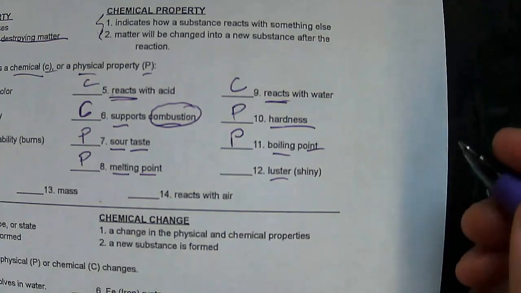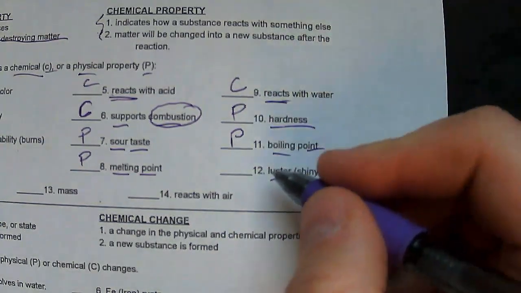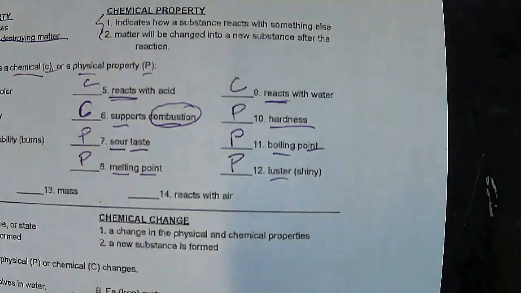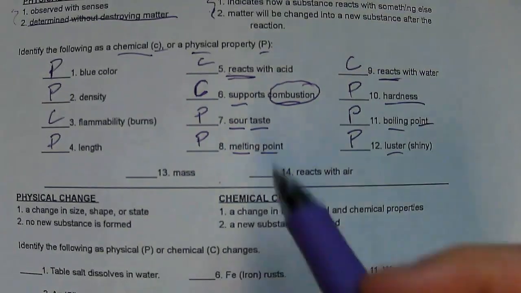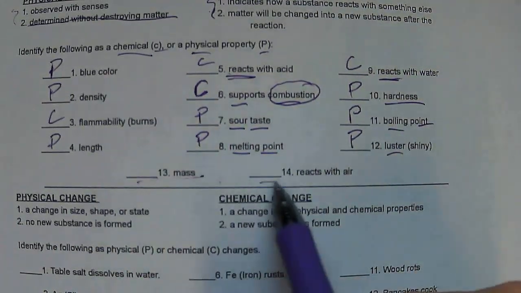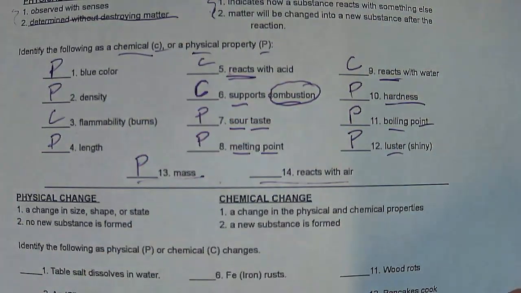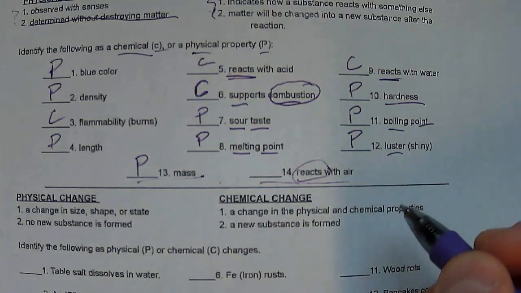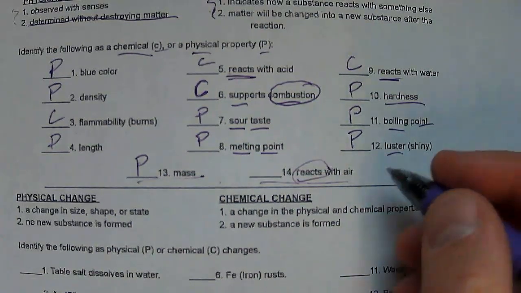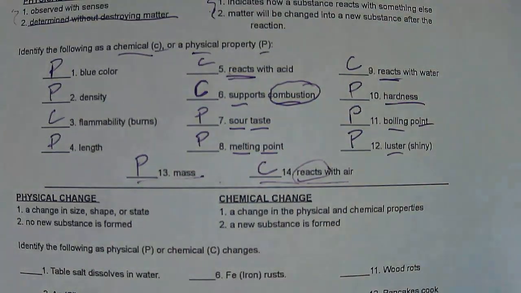And then whether something is shiny, its luster, that is also physical. Okay, and then the two at the bottom, some students forget that these two even exist, but mass, that's physical. And then reacts, again, anytime it's a reacts, that's going to be a chemical.